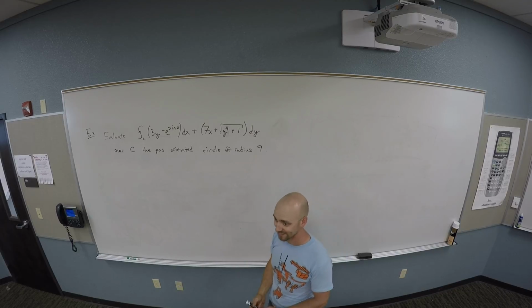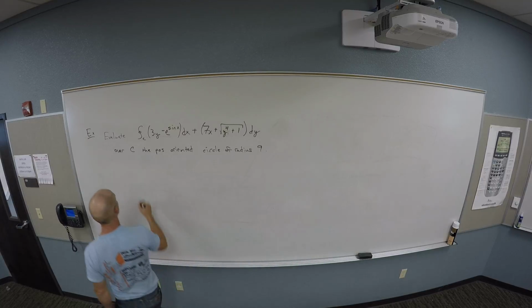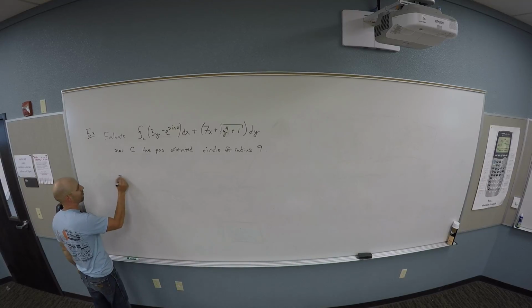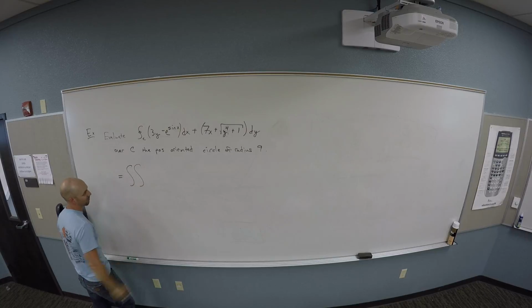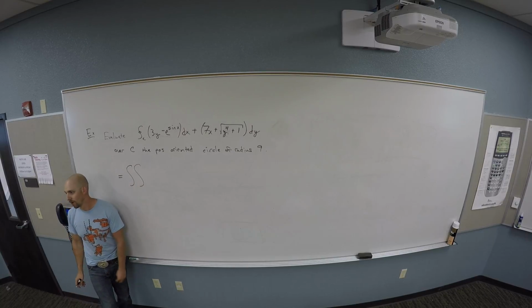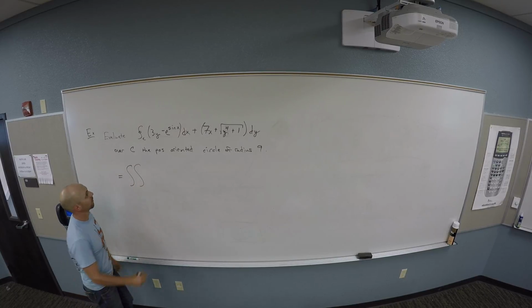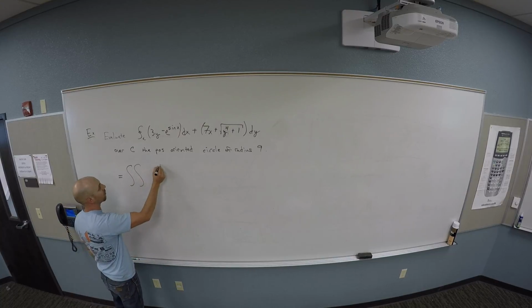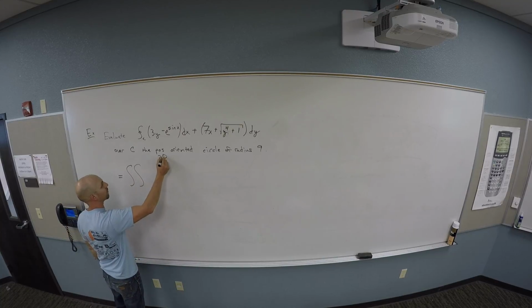Don't do that. Instead, use Green's theorem to rewrite this as the double integral of partial Q over partial x. So I need the partial of Q with respect to x.